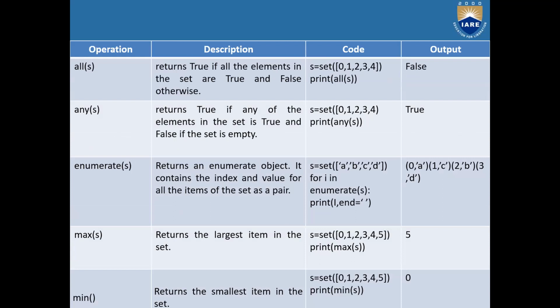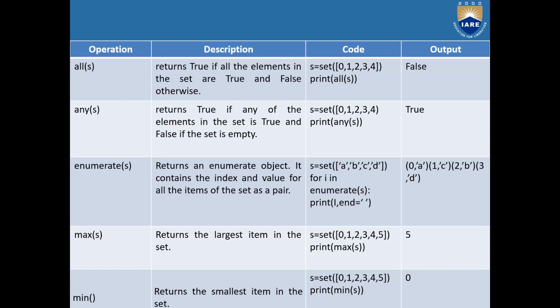So that's the reason the output which we have got is false. Okay, next we are having any. What does any do? If the given set consists of any of the elements which is true, any one of the elements in the set is true, then it will be returning true. Else, it will be returning false if the set is empty.